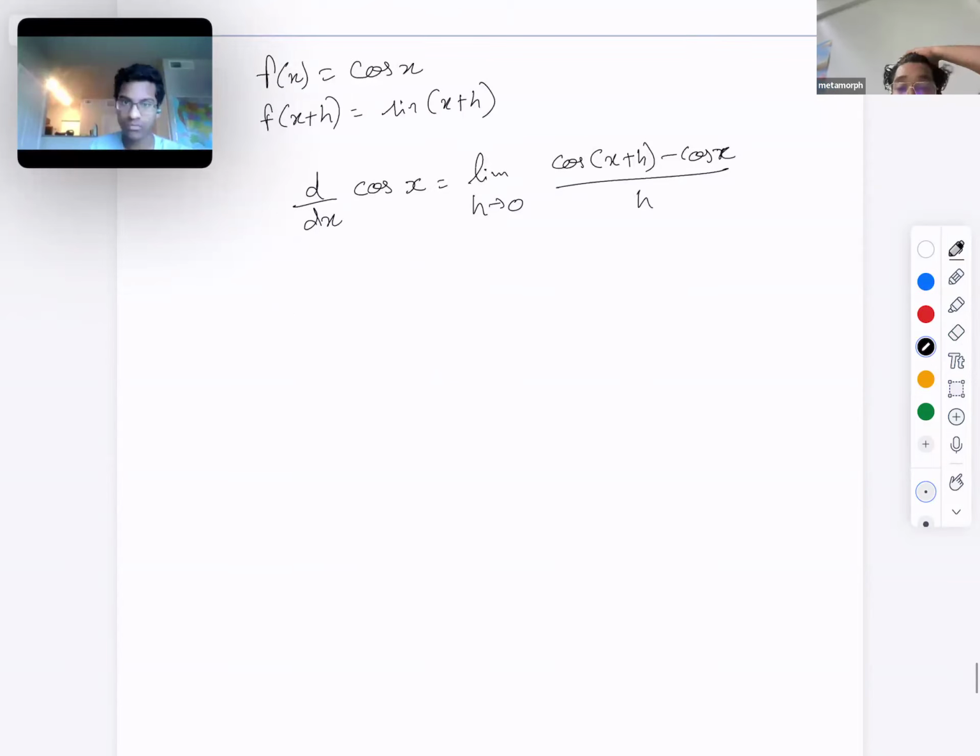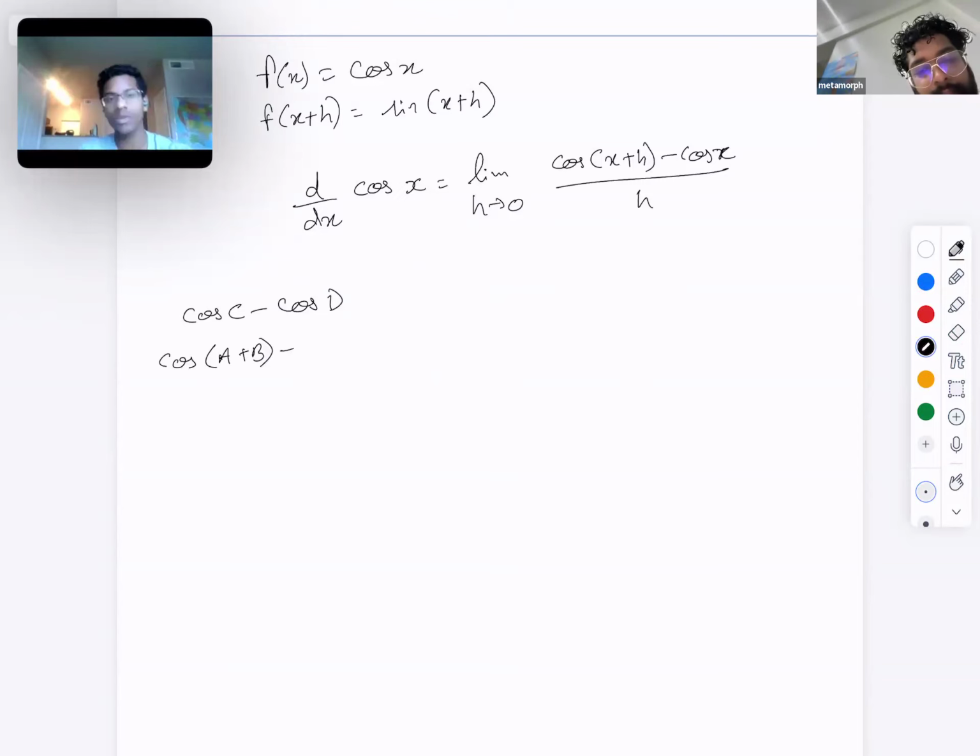Now, for me to solve this, I would need to use the formula for cos c minus cos d. Instead of c, I'm going to take c as a plus b, and d as a minus b. That's what c and d stand for.